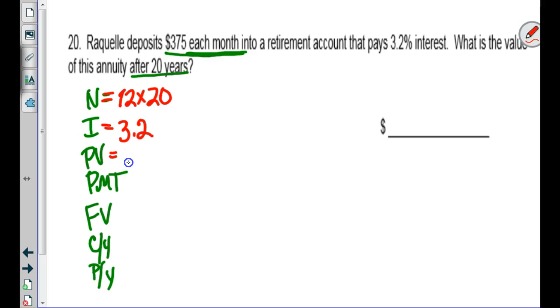This is what's going to mess you up. PV and FV. When you have an annuity, you're starting with nothing and making payments of $375, and you want to know the future value. When you borrow money, how much you borrowed is the present value, and the future value is 0. Okay, and we're doing monthly, so these are 12 and 12.